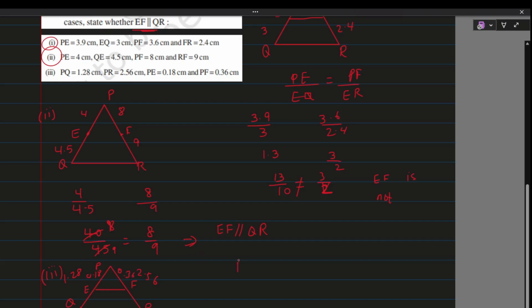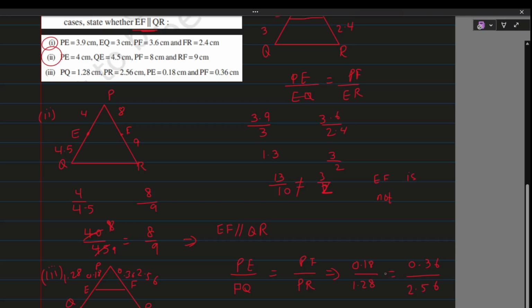Now if we prove that PE by PQ is equal to PF by PR, then also we can use the converse of the BPT theorem. So from here we can put the values. We can say 0.18 by 1.28 and 0.36 by 2.56.